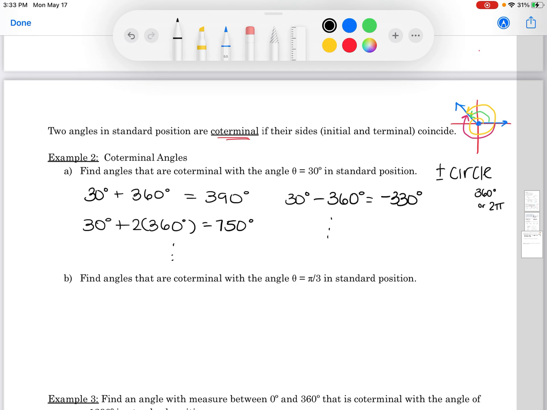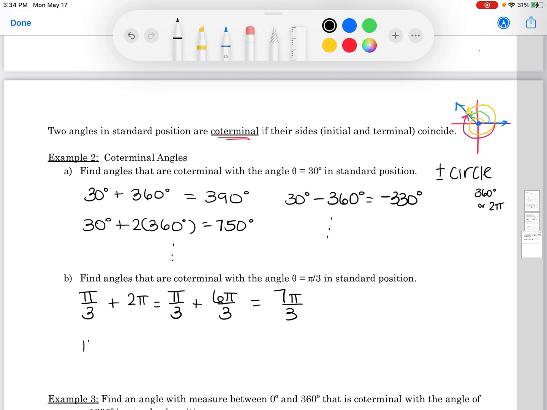All right, so find angles that are coterminal to this radian angle. So we have pi over 3. Same concept. We can add 2 pi to that. Just don't forget we want to make sure we're using a common denominator here if you're doing it by hand. So that's going to be over 3, so 6 pi over 3. So when I add, that's actually going to give me 7 pi over 3. And we do not want decimals here. We do want exact measurements. So that's coterminal.